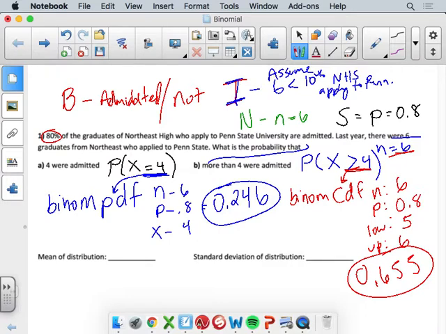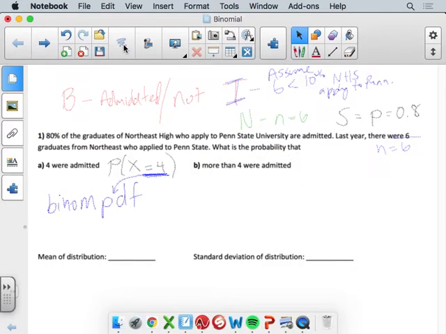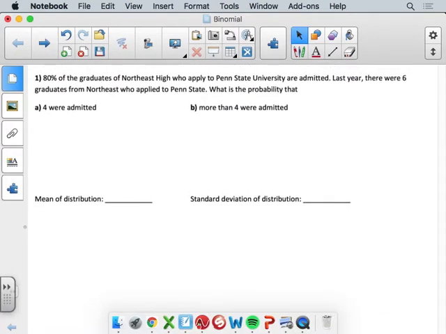Alright, so I should have talked about mean and standard deviation first, because this is talking about how many we expect to be admitted out of 6 if there's a probability of 80%. So let me clear this. I should have given you the formulas too.